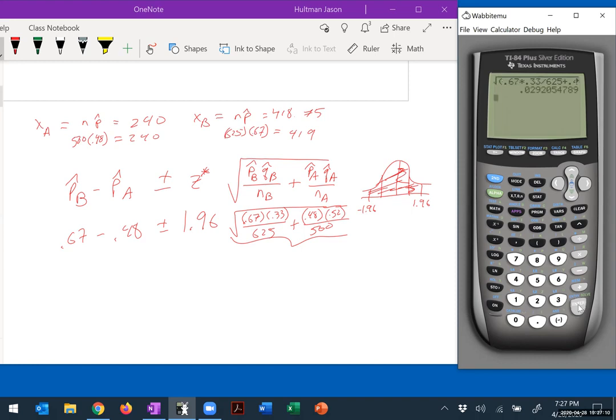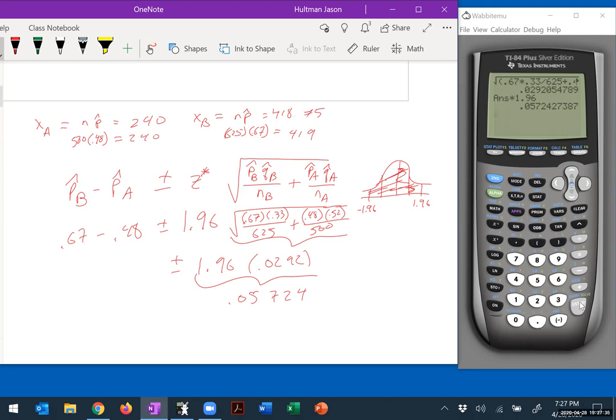That gives me 0.0292. That's an estimate. And then 1.96, and we will go plus or minus. Now I'm going to multiply this by 1.96, which is 0.05724.